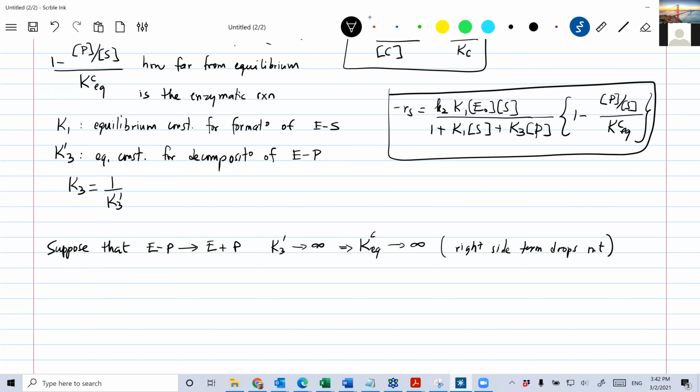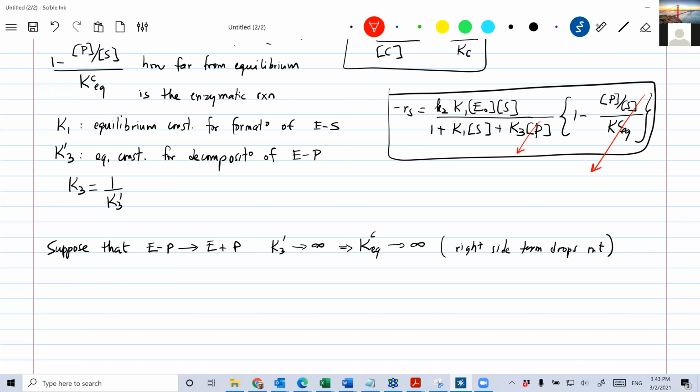So that simplifies things considerably. And the other thing that drops out is the third term of the denominator. So what drops out are this term and this term.